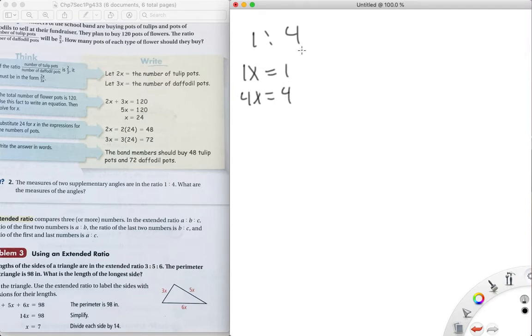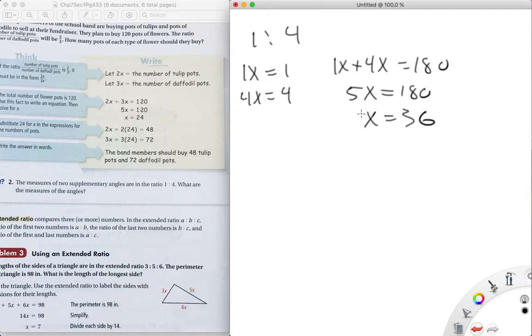And since they're supplementary, they add up to 180, so it's going to be 1x plus 4x, which equals 180. So that's going to be 5x equals 180. Divide by 5. And I get x is equal to 36.